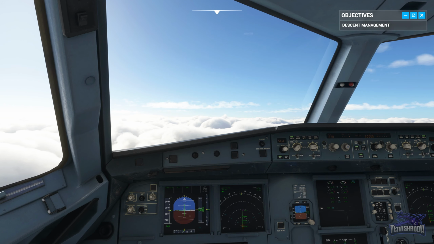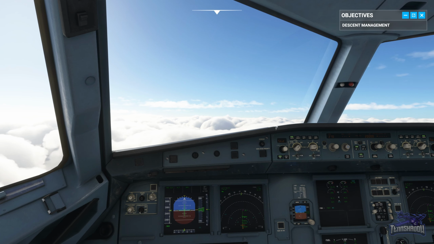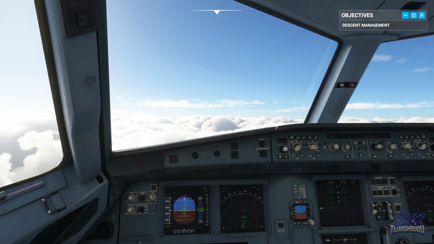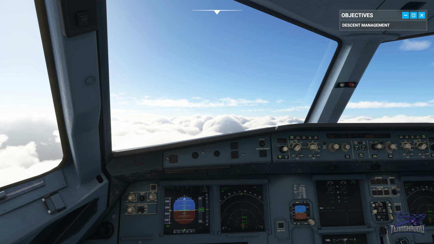If we expect 80 miles to go, 80 times 3 equals 240. We would want to be at flight level 240. We're below that. Let's say we get a shortcut and now only have 70 miles to go. We can quickly work out that we should be at about flight level 210. This method works well, but it's up to you to use what you're most comfortable with.